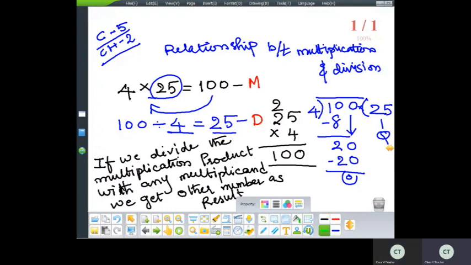Okay. So remember this. In mathematical terms, the relationship is if we divide the multiplication product with any multiplicand, we get the other number as result.